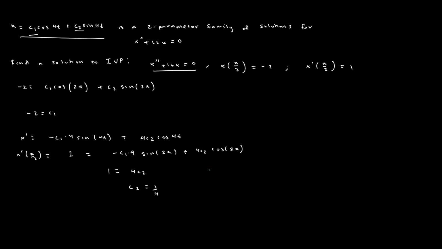And so our solution is x is equal to negative 2 cosine 4t plus 1/4 sine 4t. And the last thing is we want to find a maximizing interval.